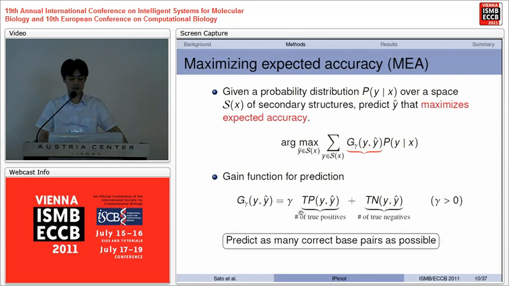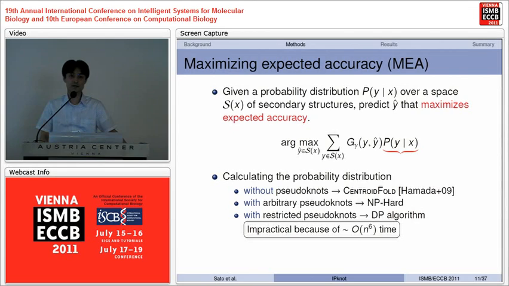This means that we predict as many correct base pairs as possible in expectation. The weight parameter gamma controls the balance of specificity and sensitivity of predicted base pairs.